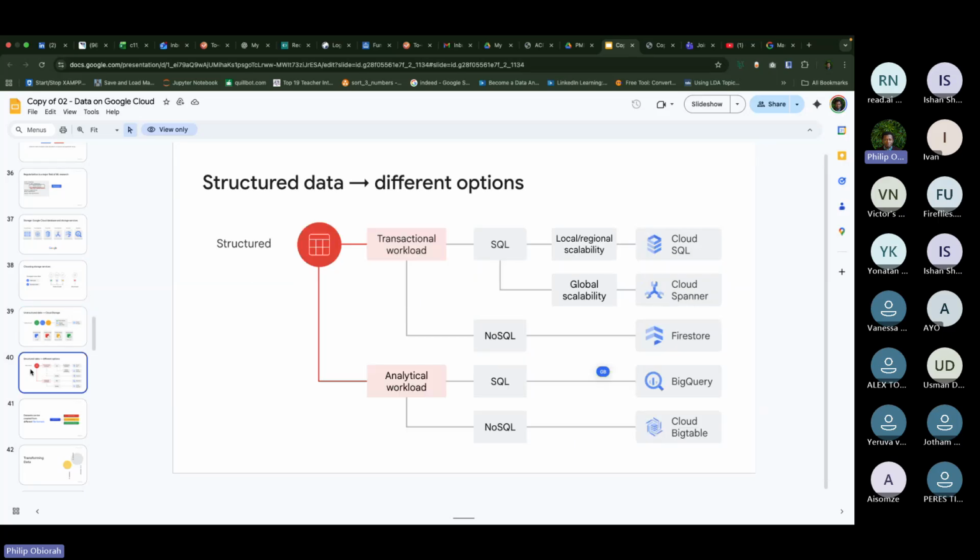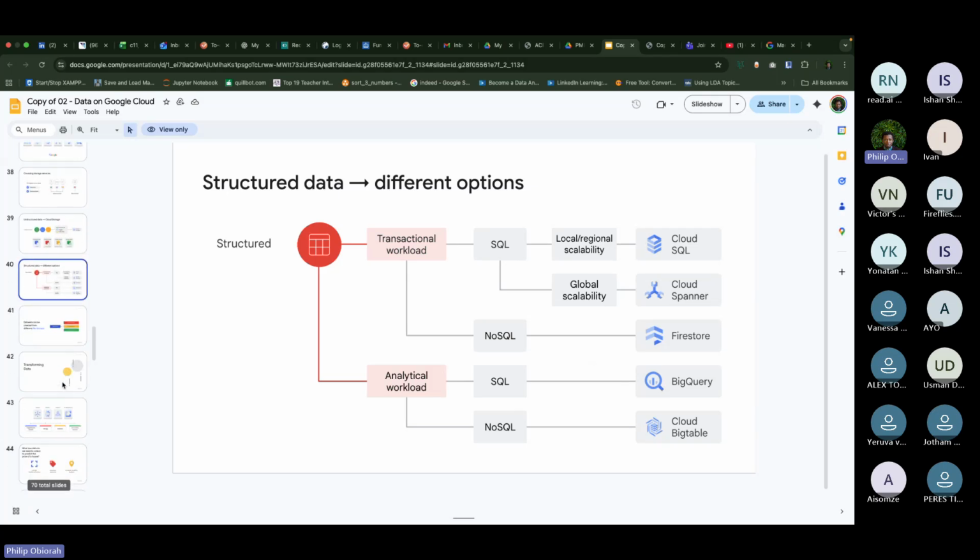And now let's look at the whole picture of the different options.